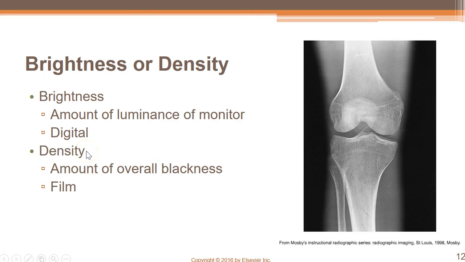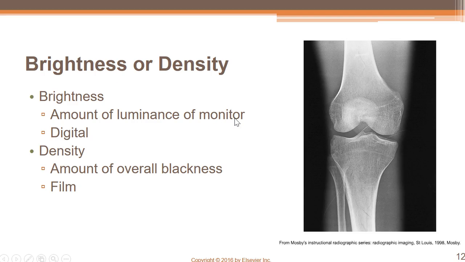When I talked about density and your mAs component, to make sure that you have enough X-ray to go through the body part and reach your image receptor, we talked about it in the term density. Well, in digital speak, it's actually brightness. But you have to have the correct density for it to appear on the display monitor that you're looking at.